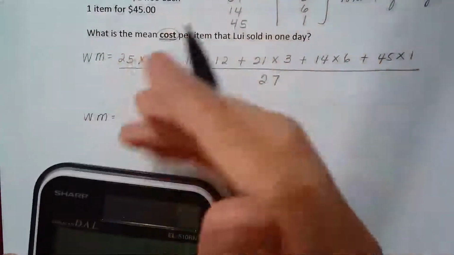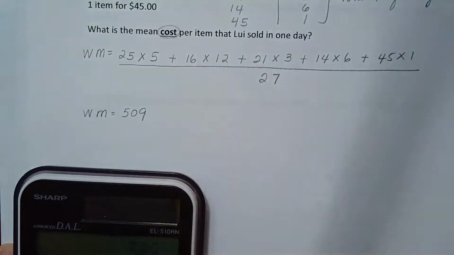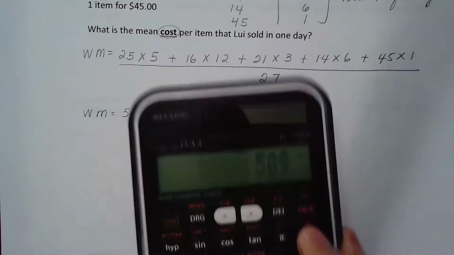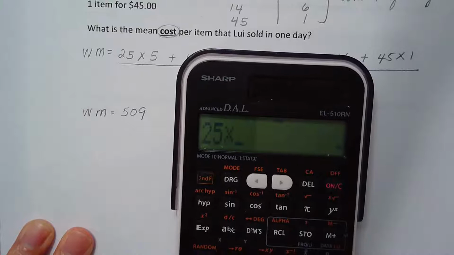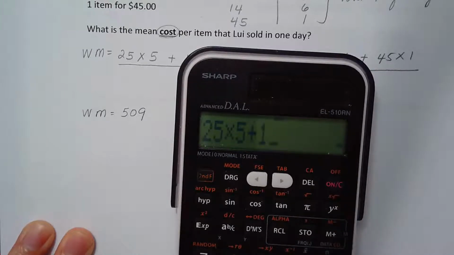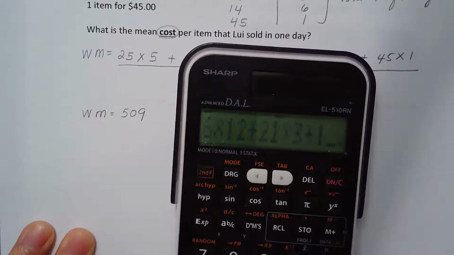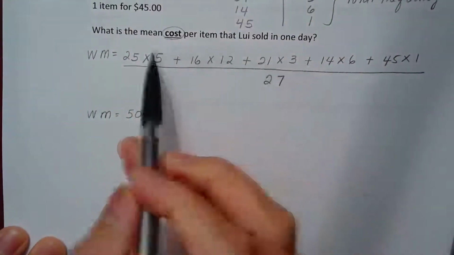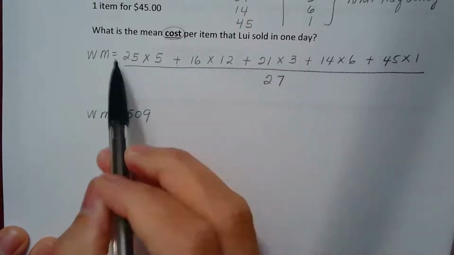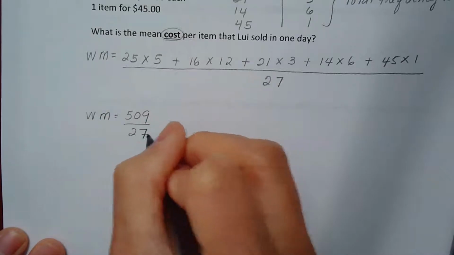Okay, so I got 509. Let me recalculate that again just to make sure. Yes, 509. So when you figure that out, just write it on the top. That's your numerator divided by the denominator.